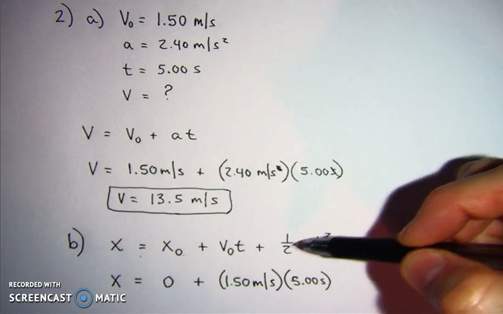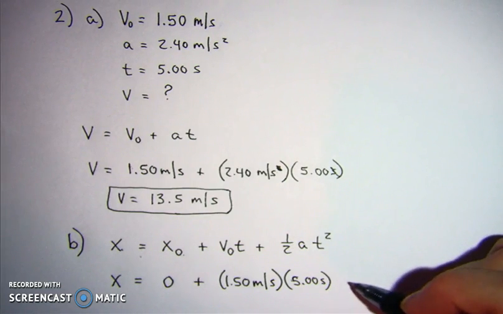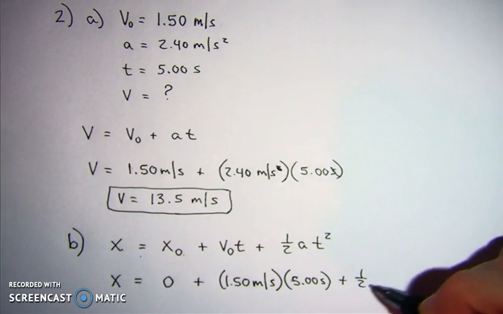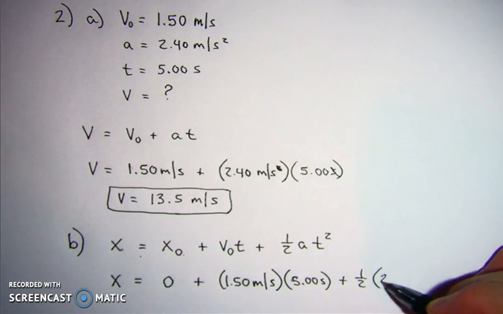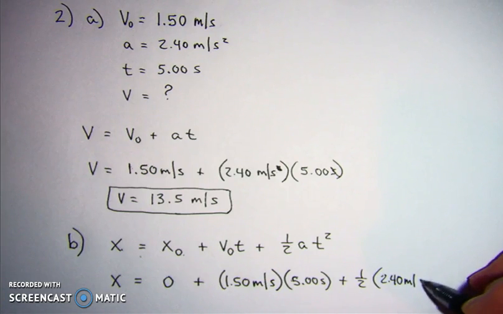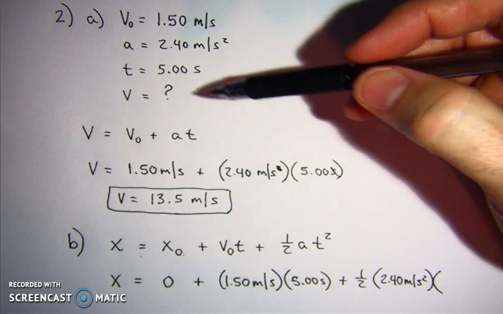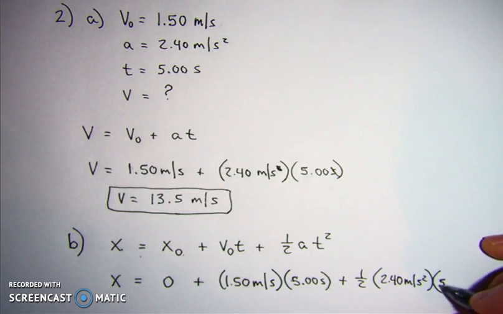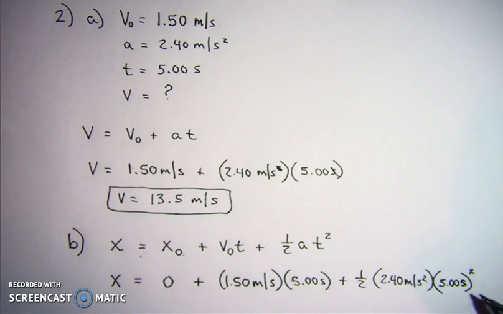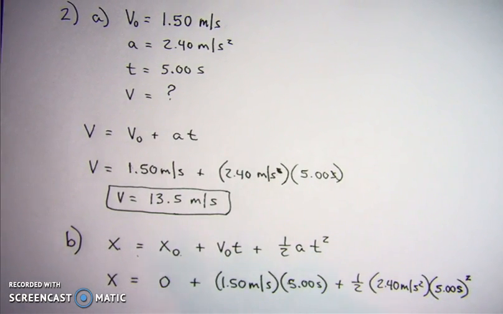Then plus 1/2 our acceleration, 2.40 meters per second squared, times our time squared, which is 5 seconds squared. And that's supposed to be an s. My s's sometimes look like 5s. Anyway, this is our equation set up now.